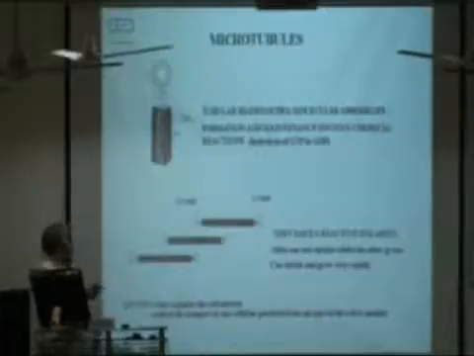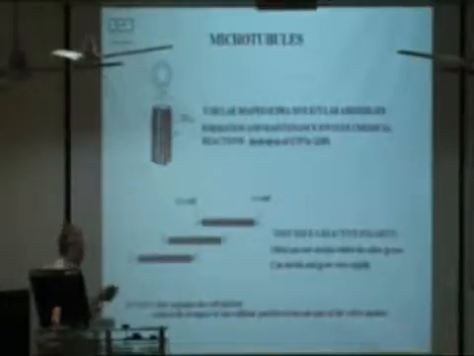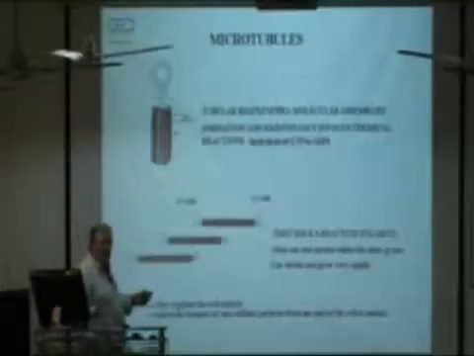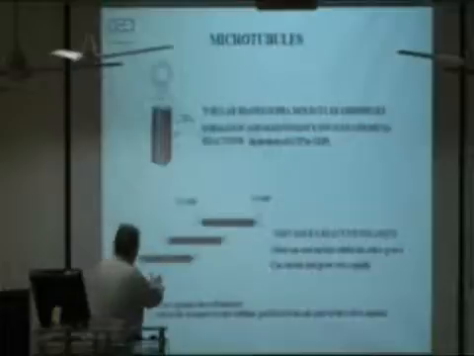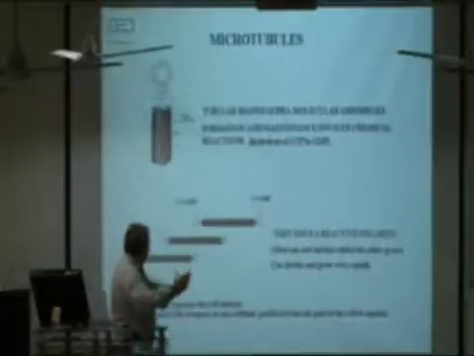All it needs is a very small change in reactive conditions at either of these ends, and you can find that all of a sudden one end starts to shrink very quickly, and the microtubule almost disappears, or it can grow very quickly, or you can have an intermediate situation where the rates of addition and loss are almost equivalent, and then you see the microtubule more or less move across the solution.